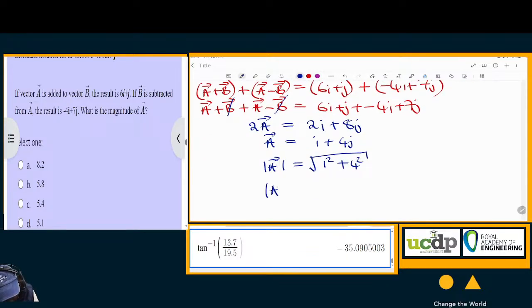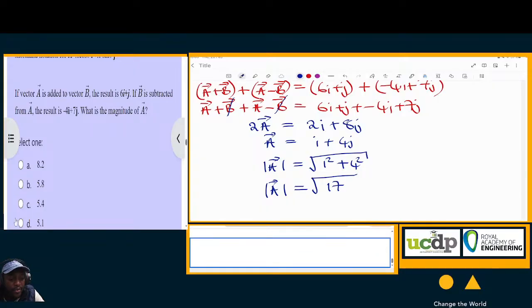So the sum under that square root is 17. So if you put the square root of 17, what do we get? Square root of 17 is 4.12. So this should be the magnitude of vector A.